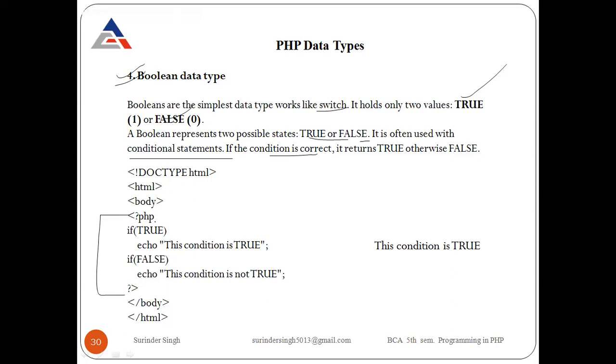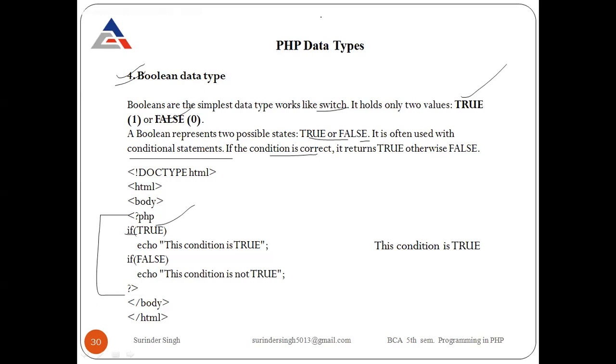Here we are passing true, and now we know the first if will be executed because it has true. If is a control statement, a decision making statement.